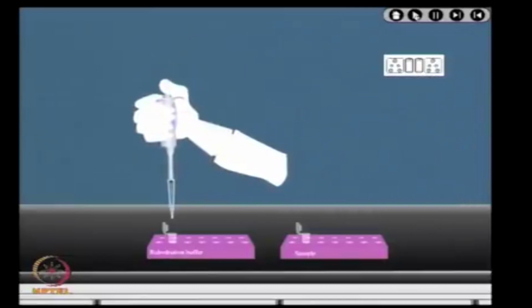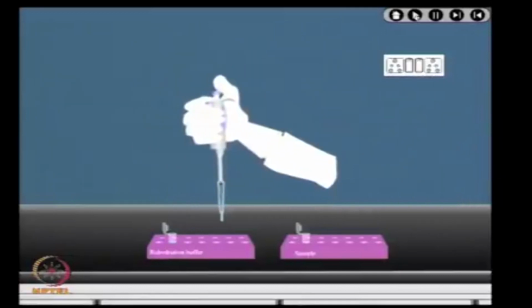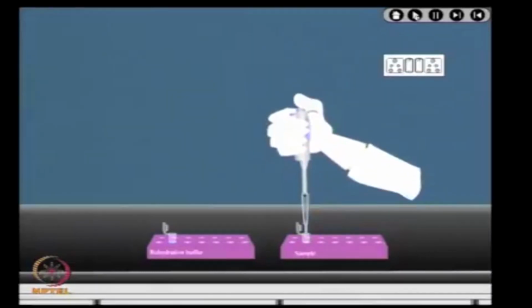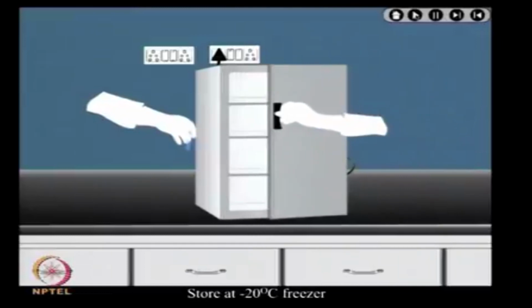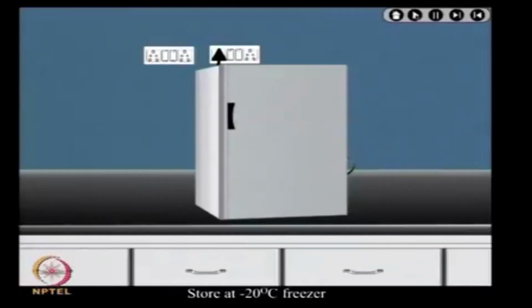You need to allow the pellet to dry at the room temperature and then add the lysis buffer containing 7 molar of urea, 2 molar of thiourea, CHAPS, IPG buffer, DTT and bromophenol blue. Okay. So, I hope this animation was informative.